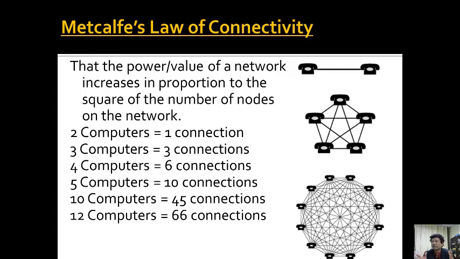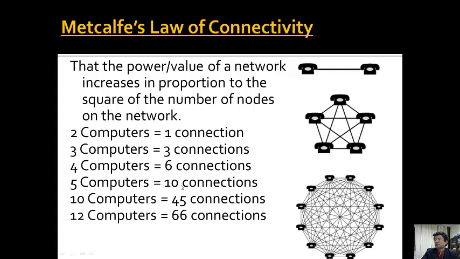If you have 3 computers, we have 3 connections, or 4 computers, we have 6 connections. 5 computers means 10 connections. That means 5C2 is 10. 10 computers are 45 connections, and 12 computers means 66 connections.